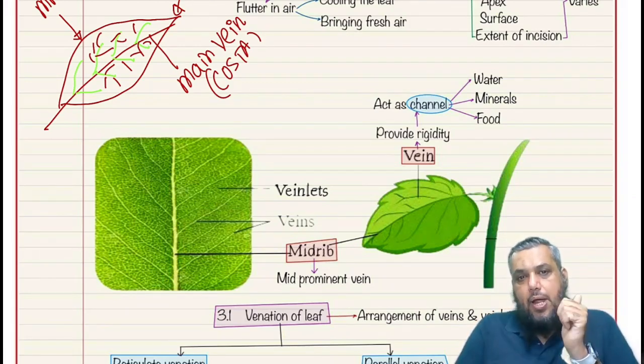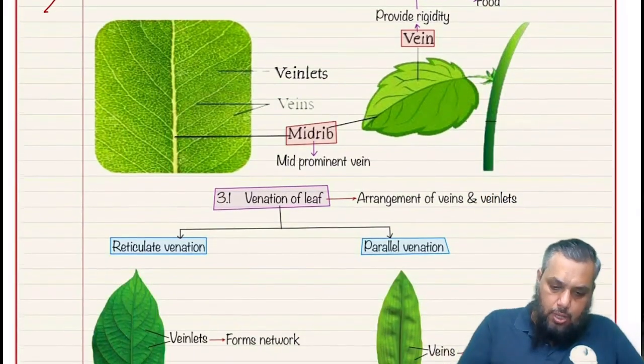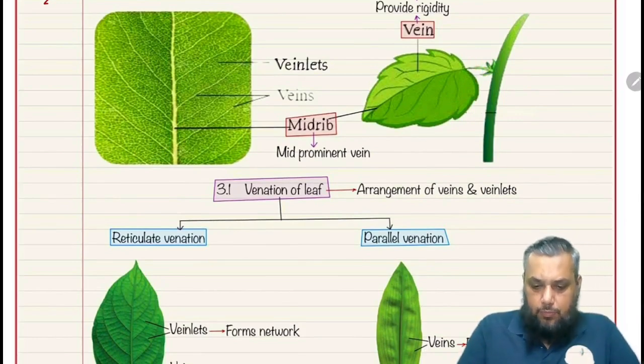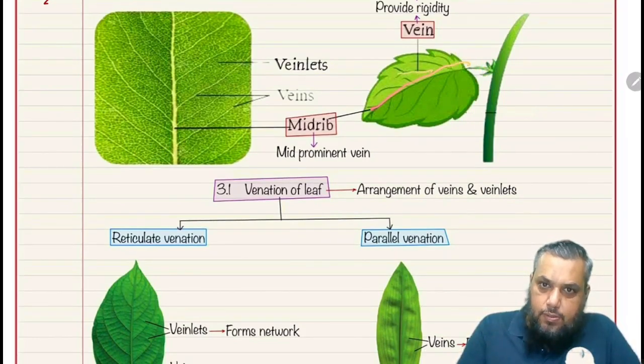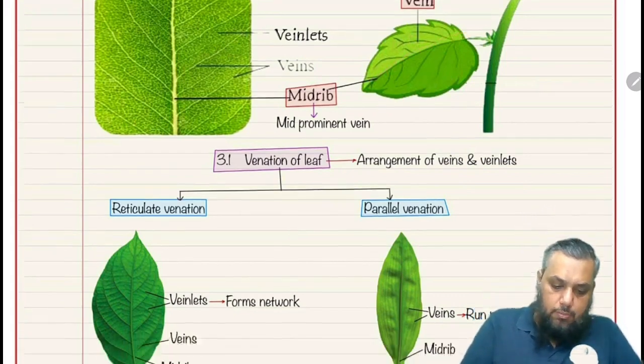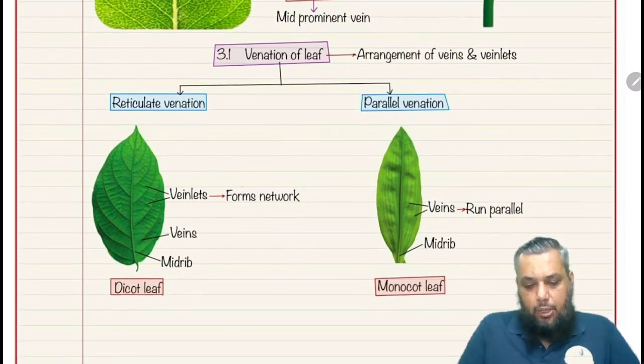Okay, and what we find, students, is that if you observe this particular picture, you have a main vein, from there veins, from there veinlets, and it is in the form of a branch network. The veinlets form a branch network.